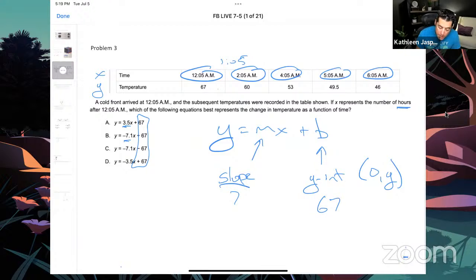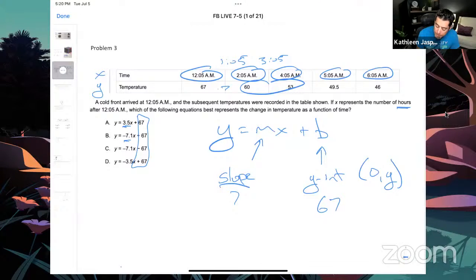So I have to be careful that I don't just subtract and get my 7, right? Because this is 7. But then the difference between this one is 60 to 53. Again, where's my 3:05?